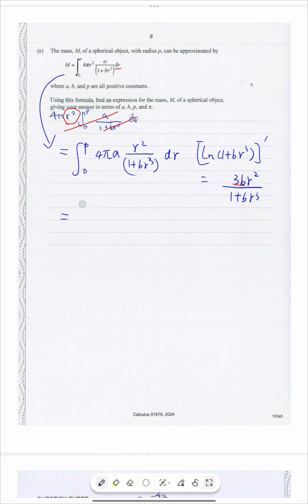So when we integrate this, again, let's just copy down 4 pi a, and we divide that by 3b, and then write the natural log like this. And that's it. So this question actually is not that difficult for an excellence one.